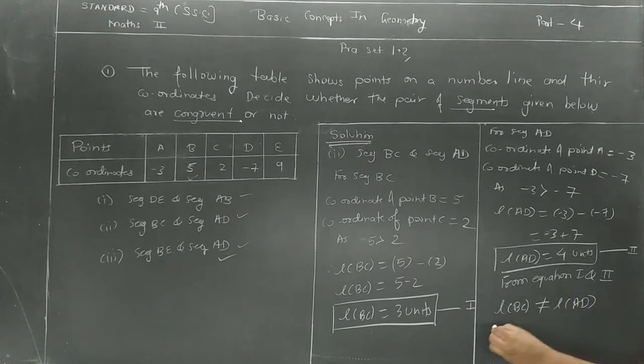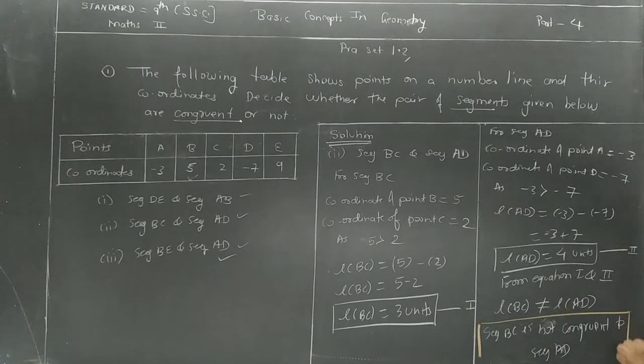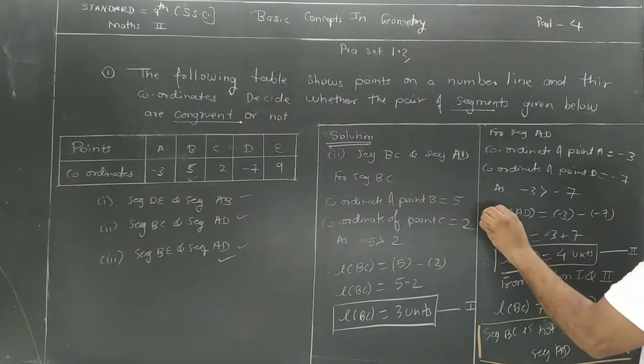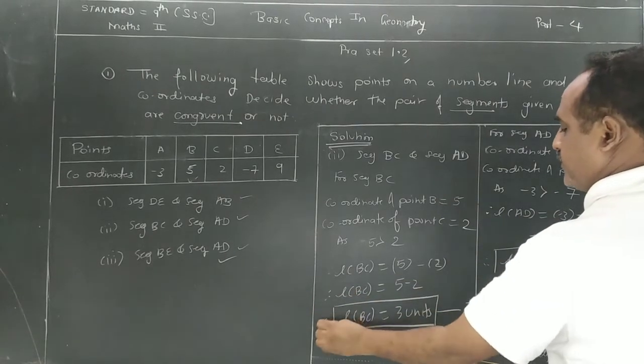So you are given a statement: segment BC is not congruent to segment AD, and that you are going to put in a box, and that will be your final answer. Have you understood this? Complete it by putting a proper therefore sign. Okay.